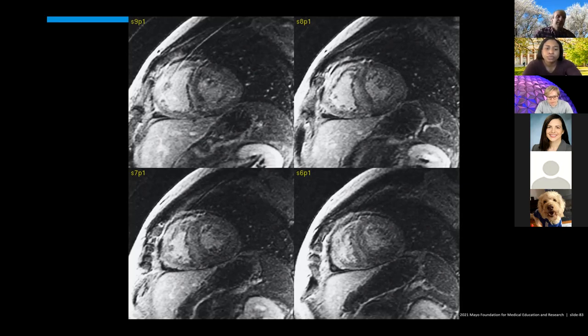But T1 mapping, where you actually measure or quantify the T1 values of the myocardium, in cardiac amyloidosis is one of the few scenarios where T1 mapping actually can be helpful in an individual patient, because the amyloid has such a high native T1 value. And so the T1 values are much, much higher than you would see in normal myocardium. And I'm not going to say anything more, because I don't think they should ask you that kind of question.